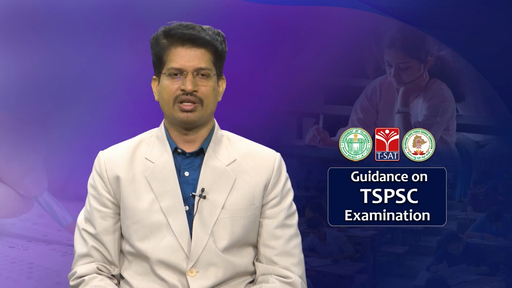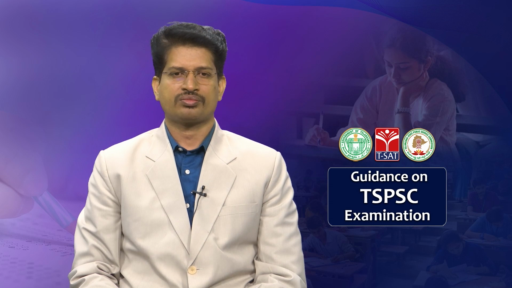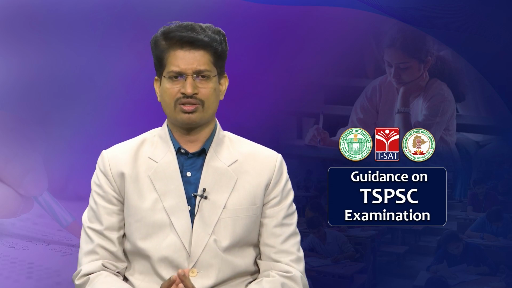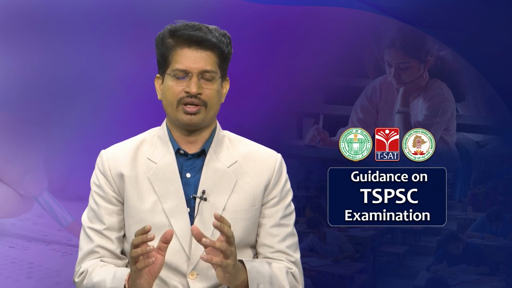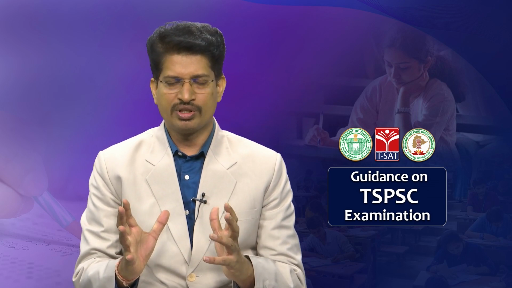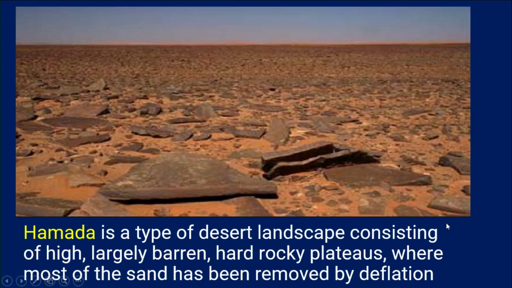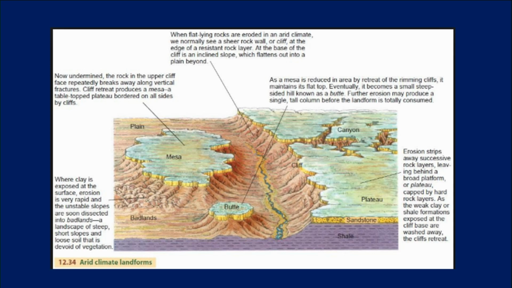In the case of a hamada, larger boulder-like structures remain. When you compare, the size of the rocky particles left over is much larger here. The rest of the finer matter is weathered and eroded away. This feature is known as a hamada in arid erosion.